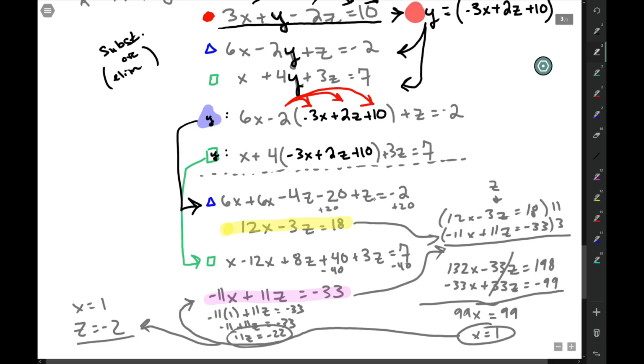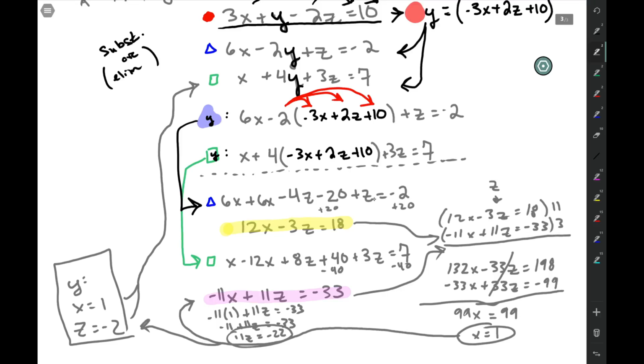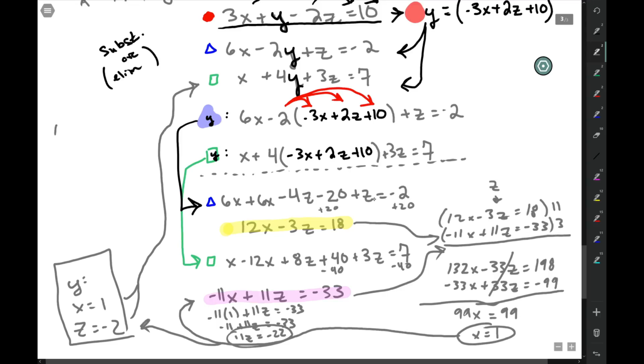With both of these, we still need to find y. Well, we take both x and z, and we'll plug into one of our first equations. I'll say square since it's the first. And we know x is 1. We don't know what 4y is. We know 3 times -2, which is z, equals 7.